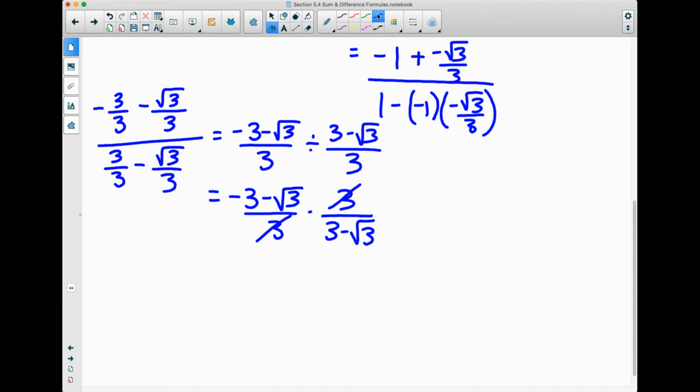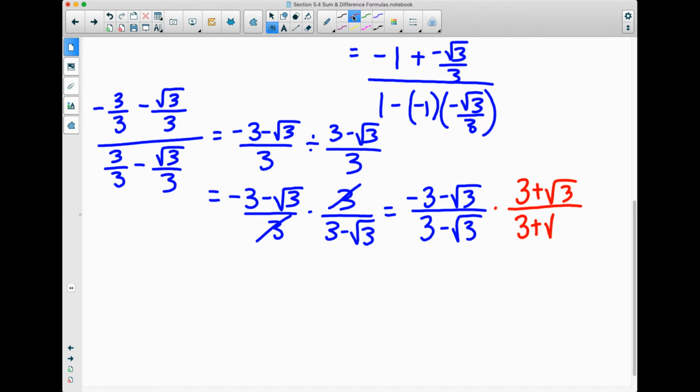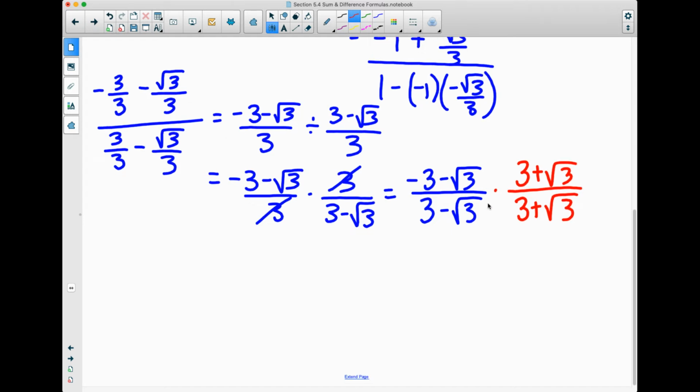So now we have to rationalize. So I'm going to multiply by 3 plus root 3. Double distribute, combine my terms, all the things. Give myself some space to do that.